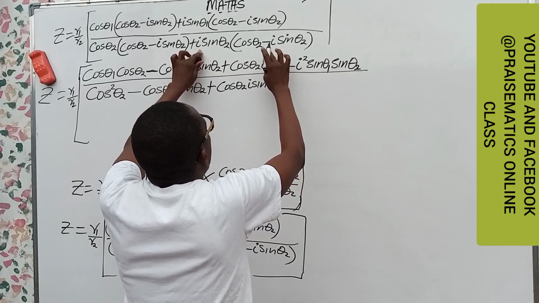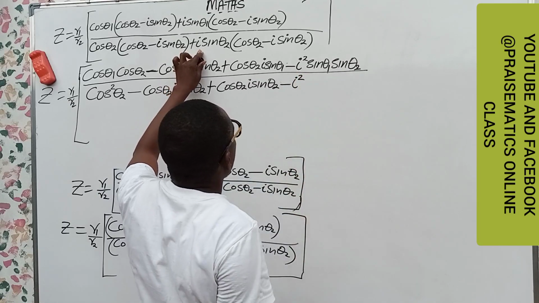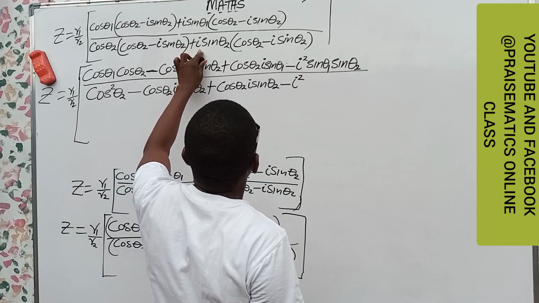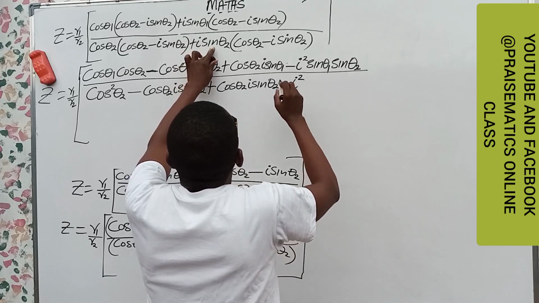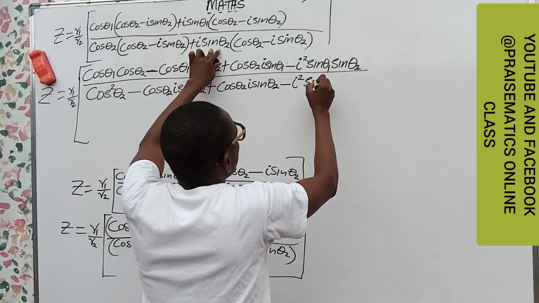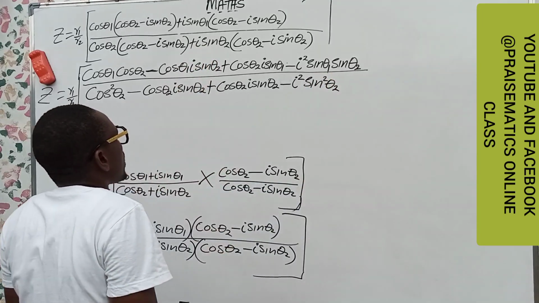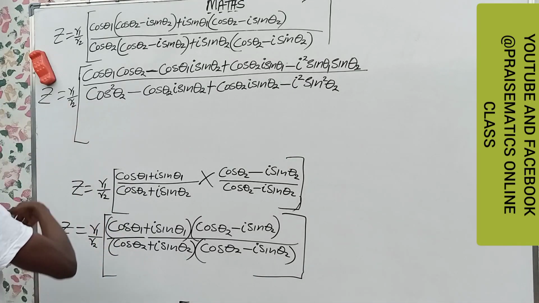Minus. I times I will give us minus I square sin theta 2 times sin theta 2, which will give us sin square theta 2, and that is what to do.